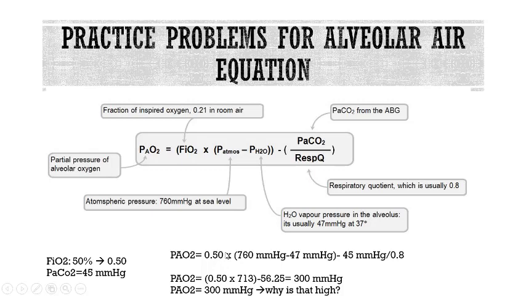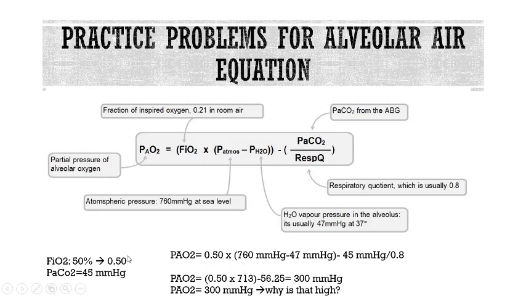So instead of this pressure of oxygen only being 21% of the entire mixture, it is now 50% of that entire mixture. So that means it's making up a larger percentage and a larger part of that pressure. So that PaO2 is 300. It's higher than it would normally be if it was just room air, which is at 21%.